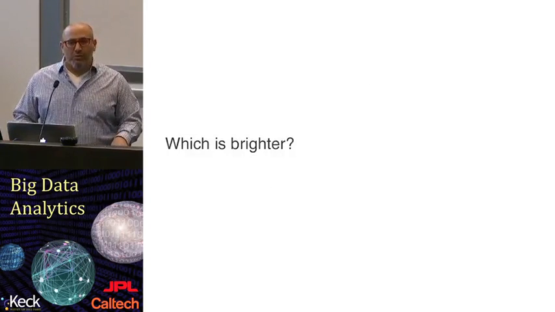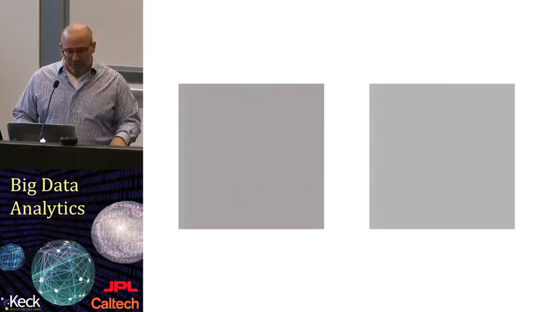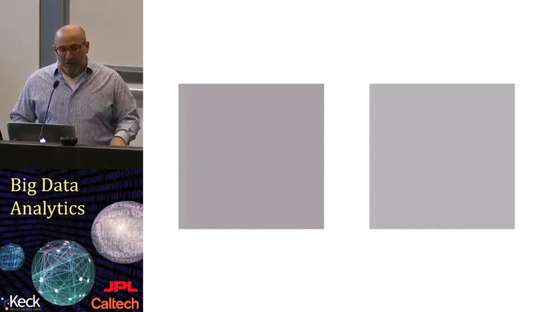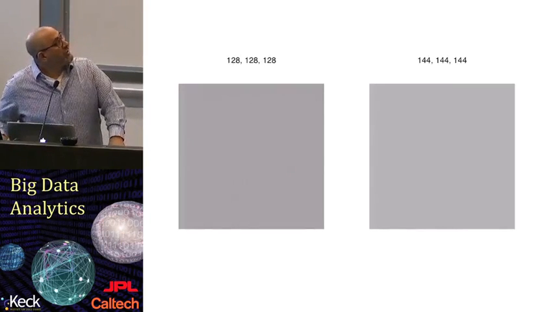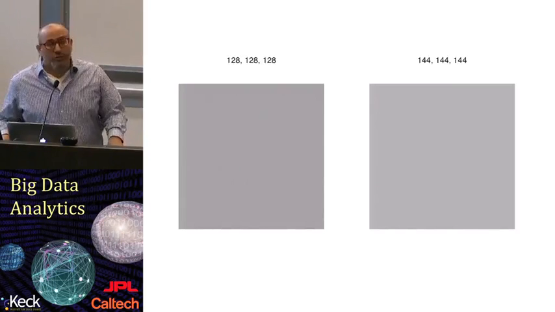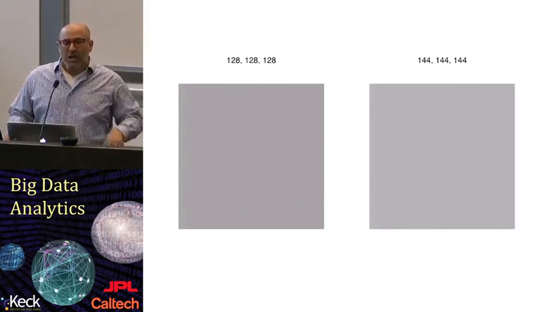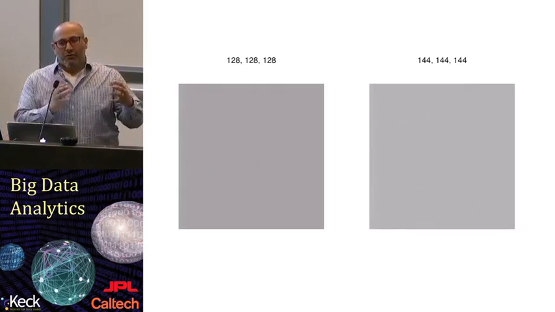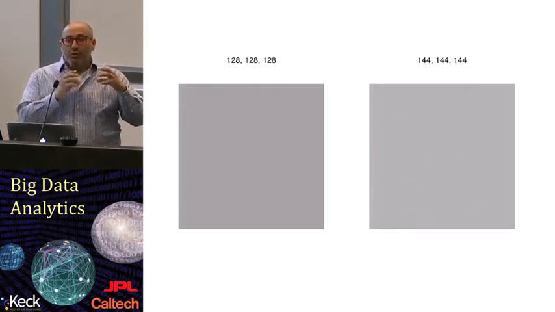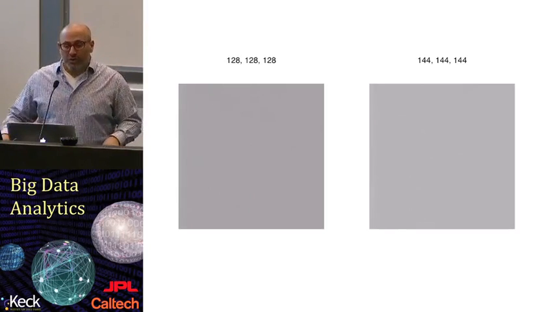Look at this pair of images and say which is brighter. Actually, what you can see is that the one on the right is brighter if we describe them in RGB space, and this amount of difference is perceivable by a large number of people.